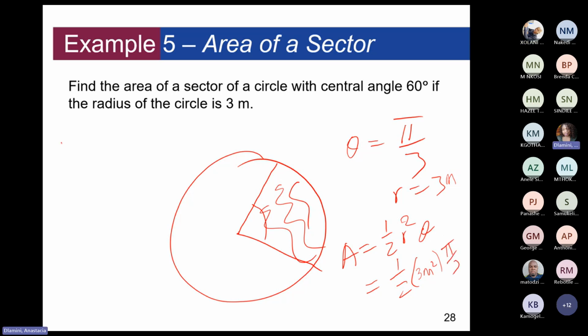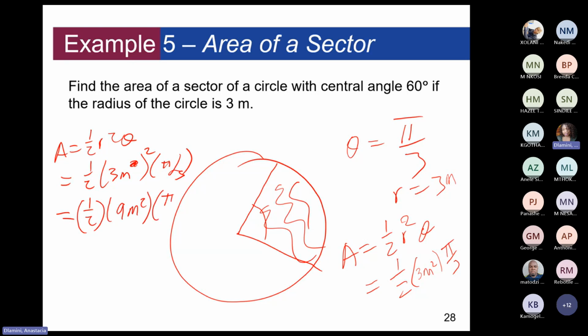So let me write it here. This is equal to 1/2 r squared theta. This is equal to 1/2 times 3 meters squared times pi over 3. The square is outside. So this is equal to 1/2 times 9 meters squared times pi over 3. I'm just writing the units so that we get the right units.